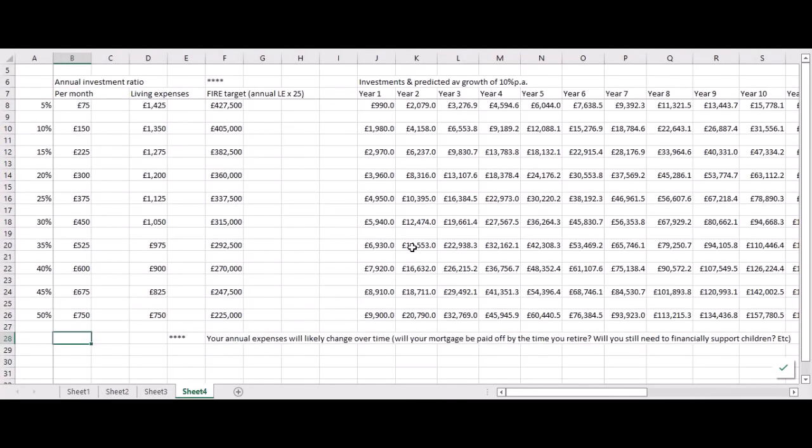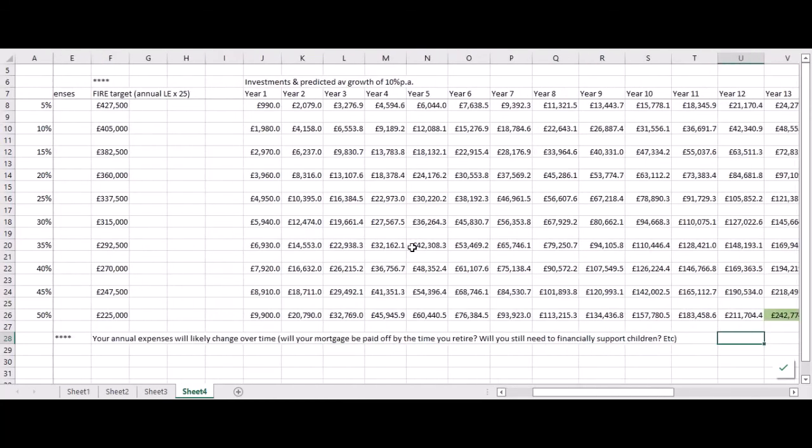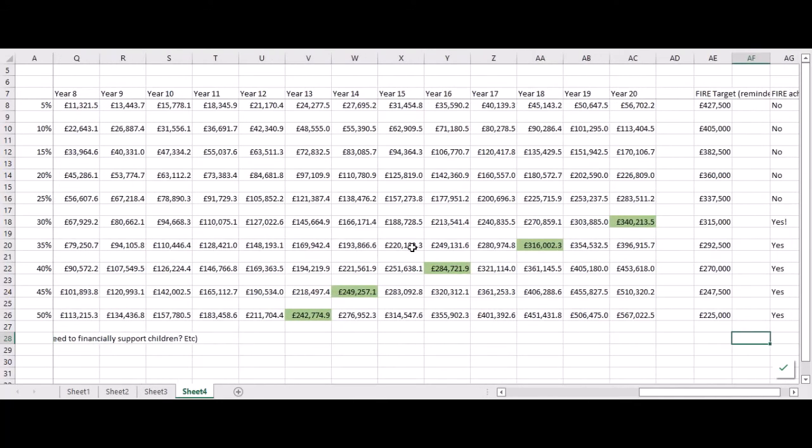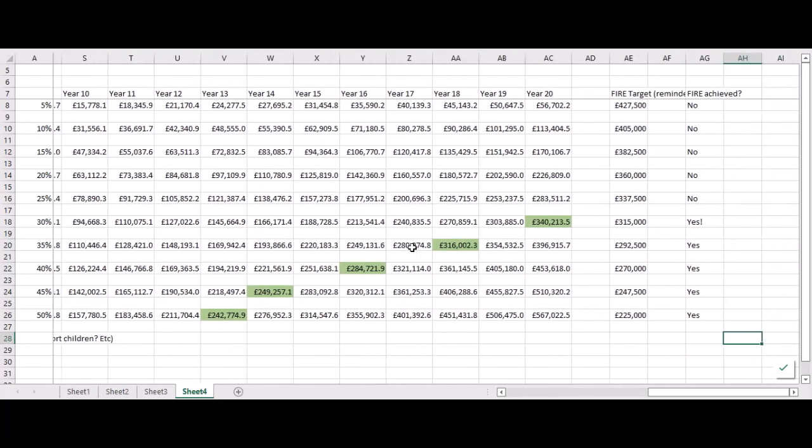Or is there some reason that your living expenses may actually increase over the time frame that you're looking at to get to FIRE? And if that is the case, you might need to adjust your FIRE number accordingly.